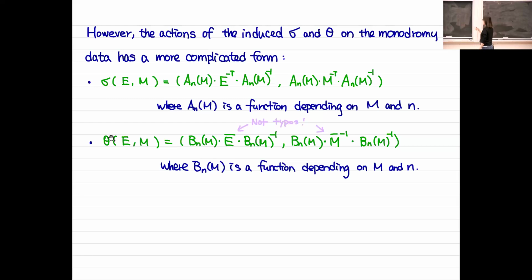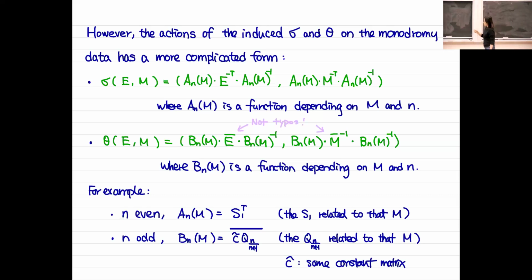Okay, so it is not clear from this equation that this actually preserves the set, right? Because remember, our M is one Steinberg cross-section. And now you apply this map, sigma or theta, then it might move out of that Steinberg cross-section to a different one. So you have to actually check this.